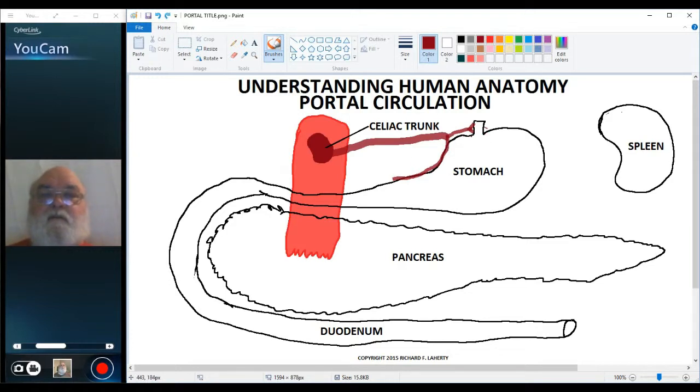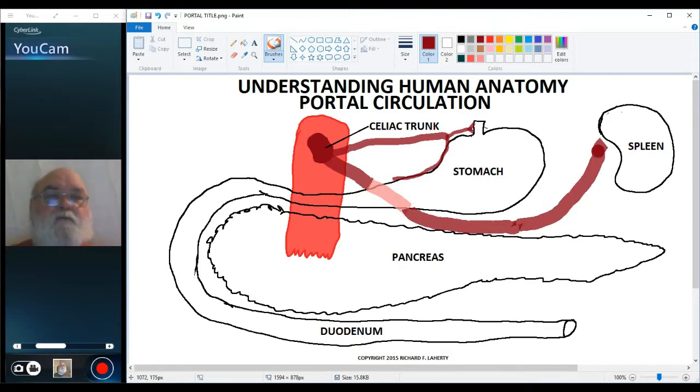Right. The splenic artery is a rather large artery that will pass posterior to the stomach and then continue on along the edge of the pancreas and come up to the spleen.